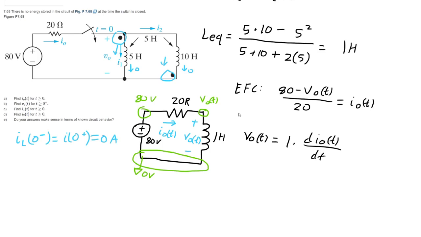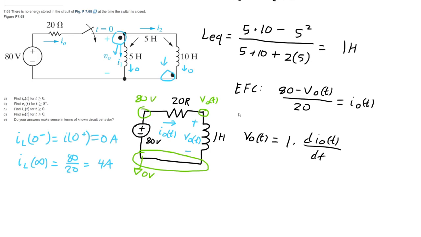So i_L(infinity) is going to be 80 volts divided by the 20 ohms, which is 4 amps. We'll keep that in mind as we move forward.